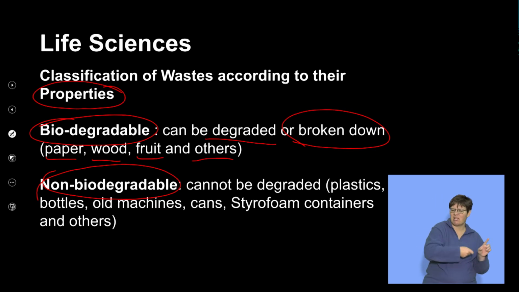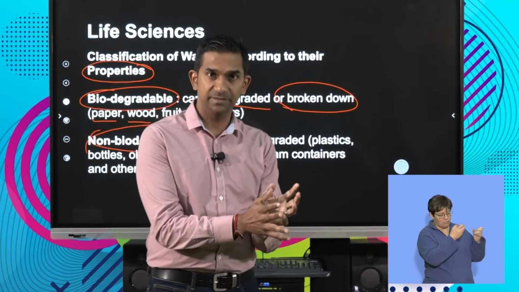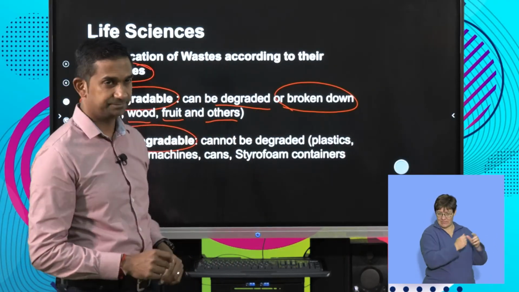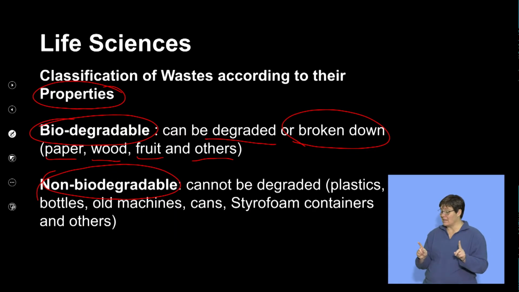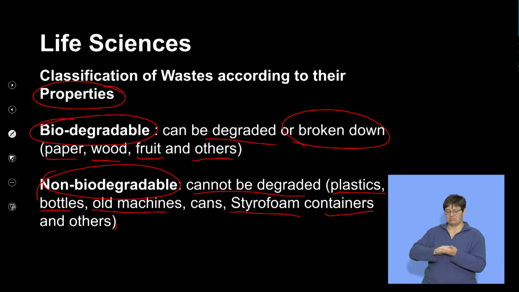So things that will naturally decompose in the environment are biodegradable. However, we have the other category which cannot be degraded naturally. So this would be plastic bottles and cans, old machines, styrofoam containers, and other substances that cannot naturally break down in the environment.